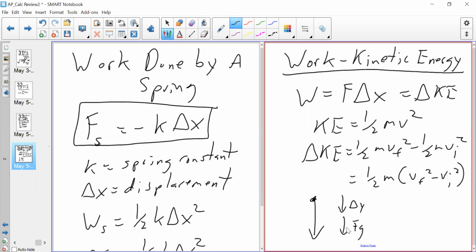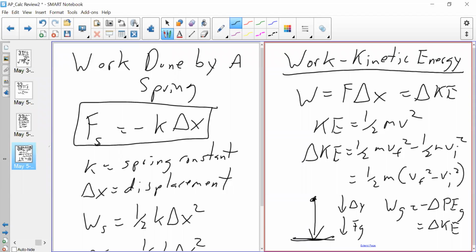They're parallel to each other. So the work done by gravity will be positive, which will be exactly equal to the negative change in gravitational potential energy, which in turn is also equal to the change in kinetic energy. We'll be losing gravitational potential energy and gaining kinetic energy as the object falls from a height down, say, to the ground or to another position.